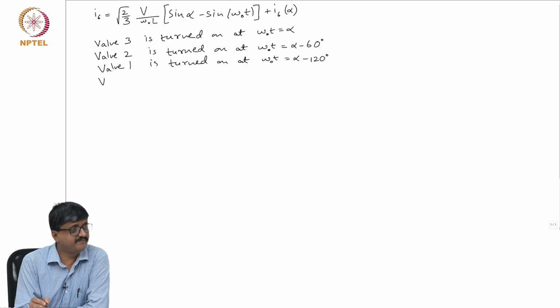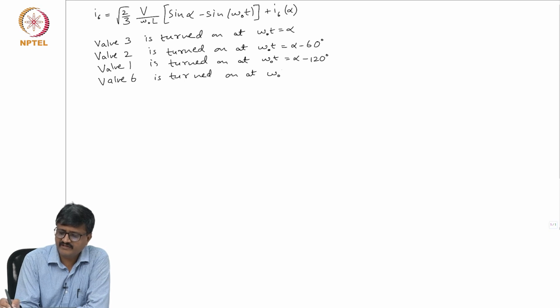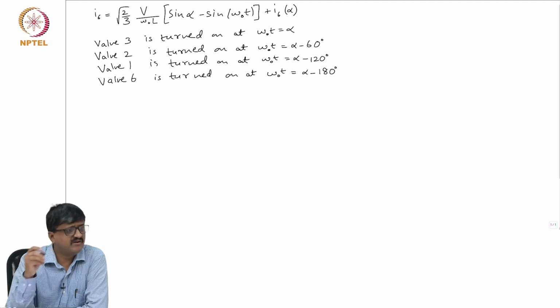Then if I take the previous valve that is turned on, that is before valve 1, the valve that is turned on is 6. So, valve 6 is turned on at omega OT equal to alpha minus 180 degrees.